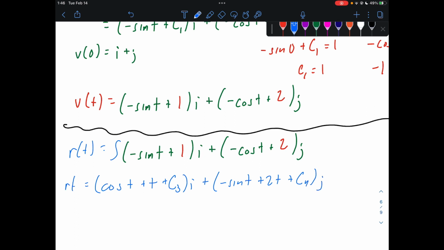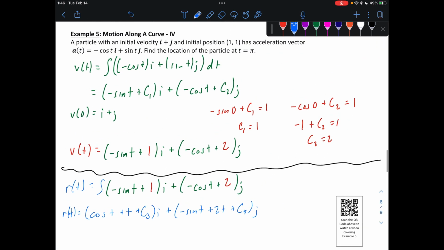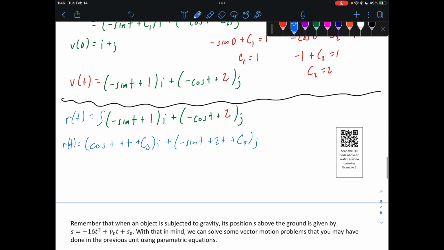And that is r of t. We are also told the initial position is 1, 1. So r of 0 is 1, 1. Okay, so that means that when t is 0, this is 1 and this is 1.